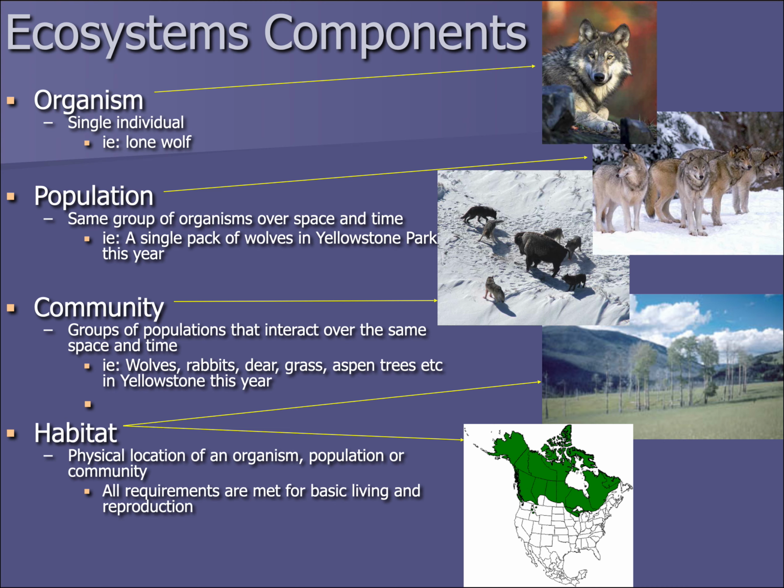Now, the population changes over time. So over the course of a year, some members will die, some members will be born. That population is transitory in that regard. That population is also transitory the same way the single member of that population is transitory, as it may occupy different space over the course of its existence.